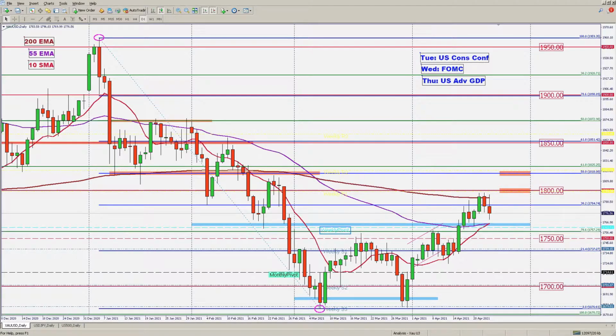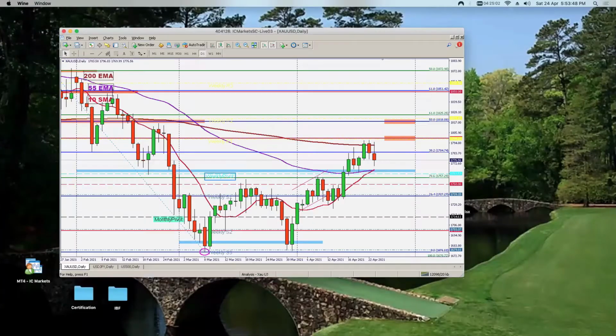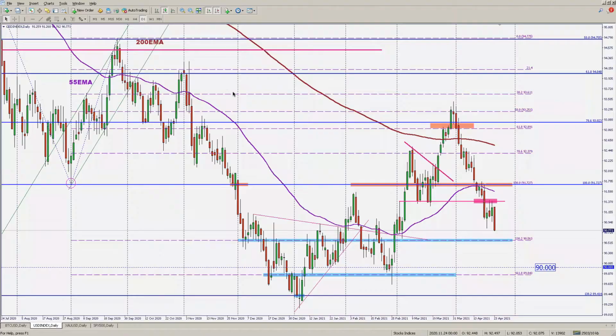Let's also take a look at the US dollar index, the DXY, and you can see that on Monday, that's where it fell below the interim support, pulled back to retest this previous support, and then continued lower.